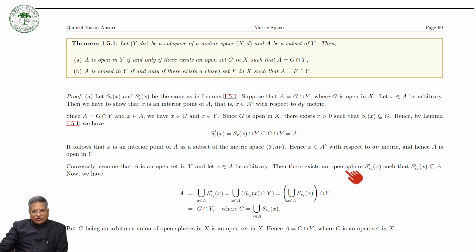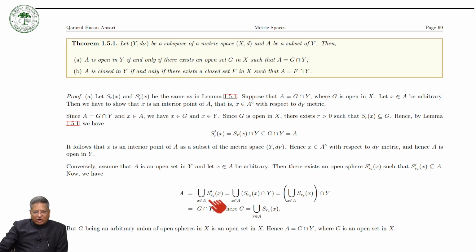So there exists an open sphere S_r'(x) with respect to d_Y contained in A. Now because at each x you get an open sphere contained in A, A is equal to the union of such open spheres at each point x in A.